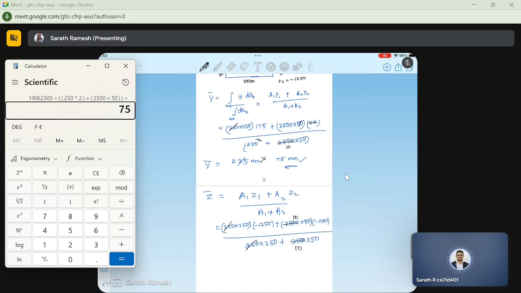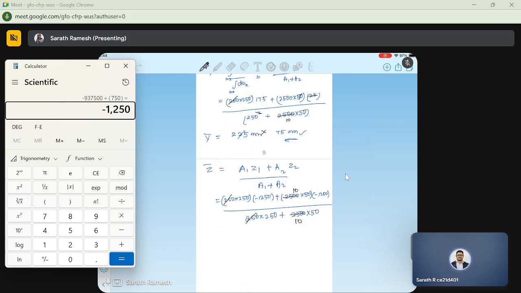So the remaining thing will be minus 250 times 1250, then minus 1250 times 500, divided by 250 plus 500, which is 750.